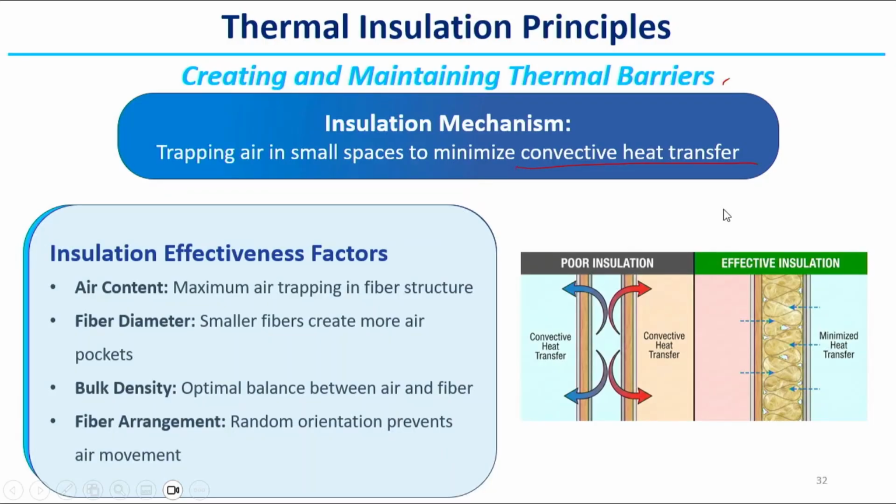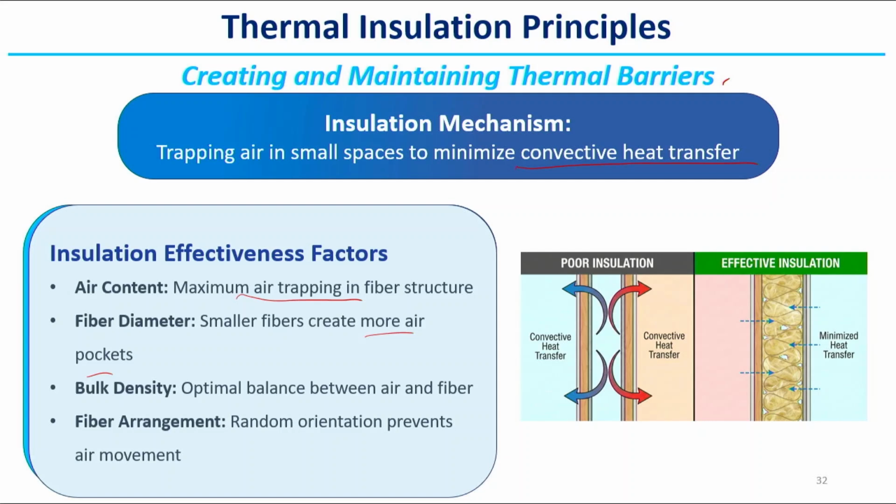So, the insulation effectiveness is enhanced by air content. So, maximize air entrapment in the fiber structure, which reduces conductive and convective heat loss, and a smaller fiber diameter creates more air pockets, which are still air pockets.